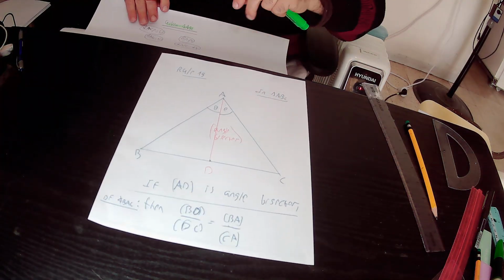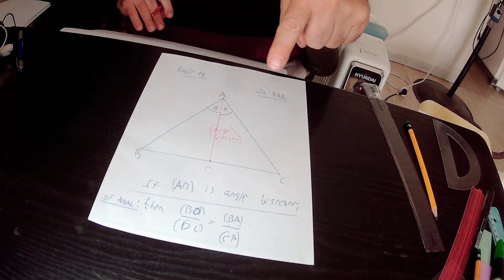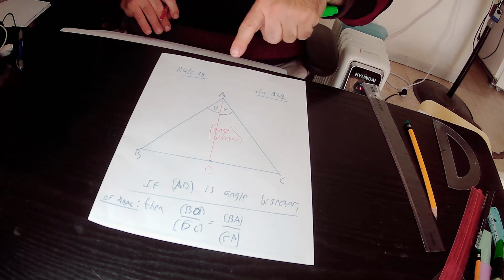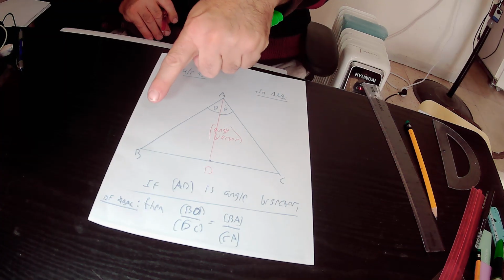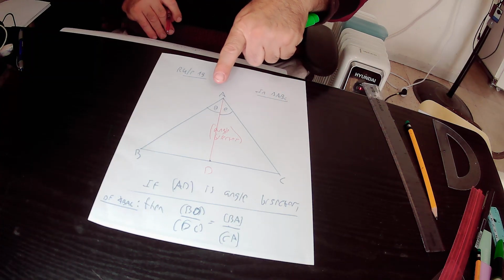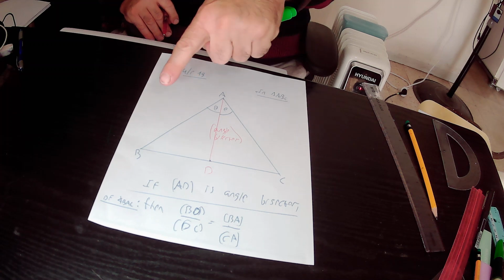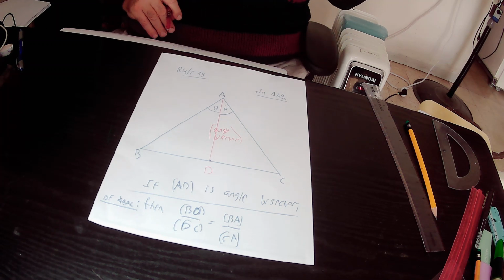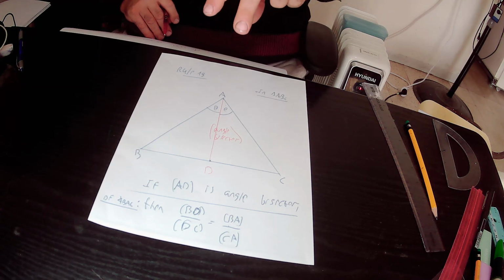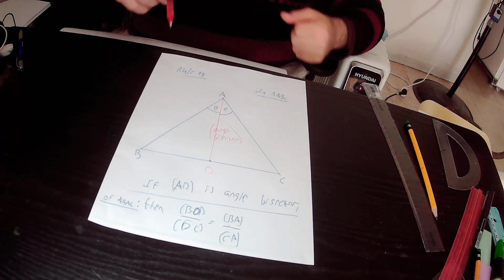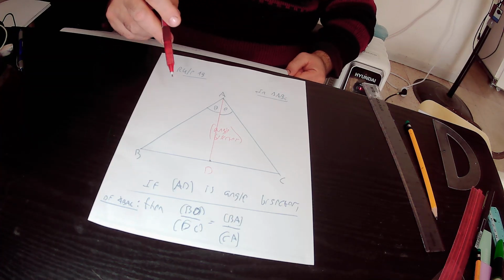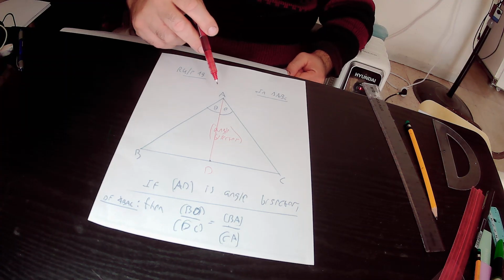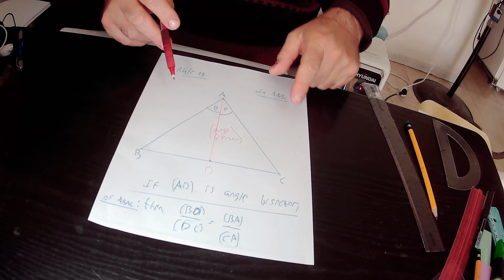According to Rule 19, if AD is the angle bisector of triangle ABC, that is to say, angle bisector AD divides angle BAC into 2 halves, each half equals theta, then angle bisector AD divides the sides of this triangle ABC proportionally.